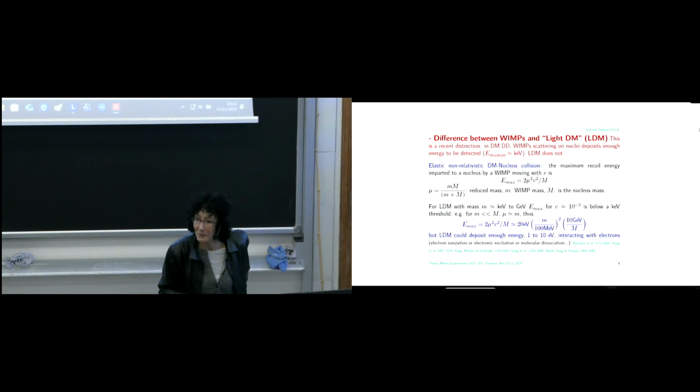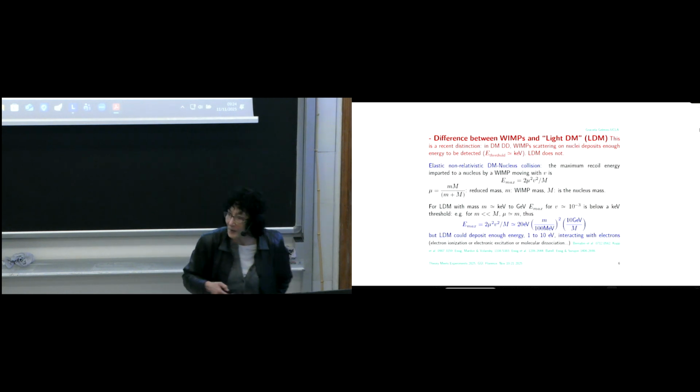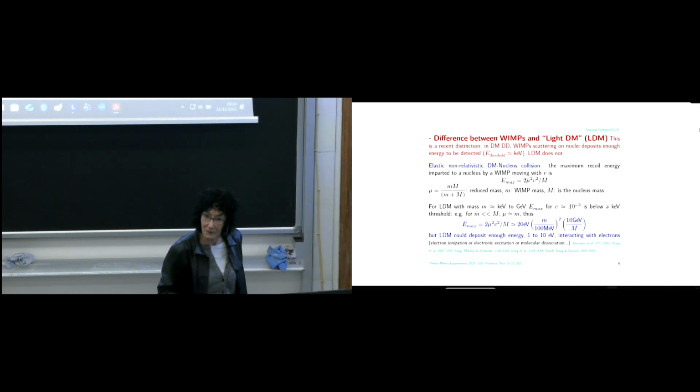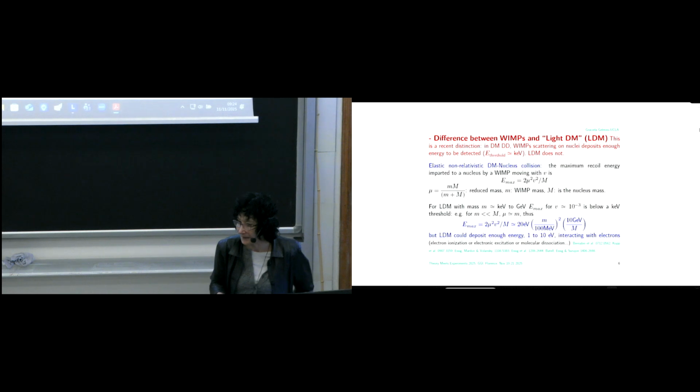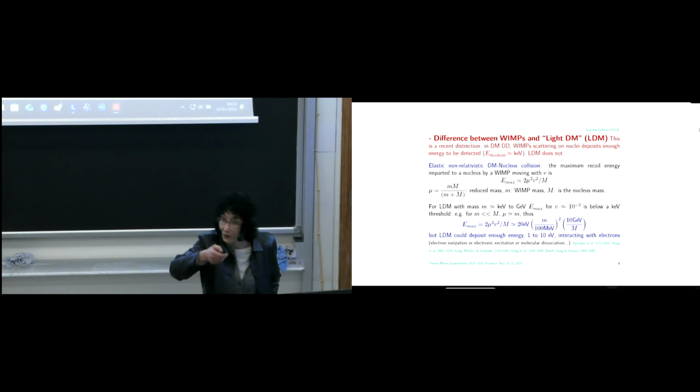Okay, so the difference between WIMPs and light dark matter started actually when people were looking for light dark matter. So you always had to say WIMPs lighter than a GeV, WIMPs that do not produce enough energy, in order to avoid long explanations. So people started using light dark matter as a shorthand for all this.